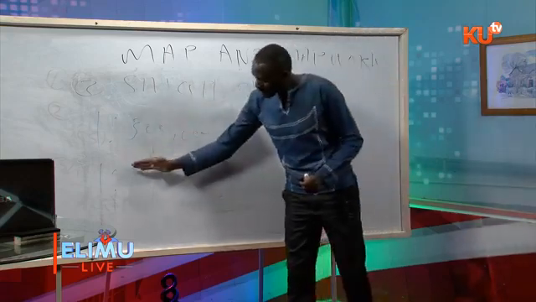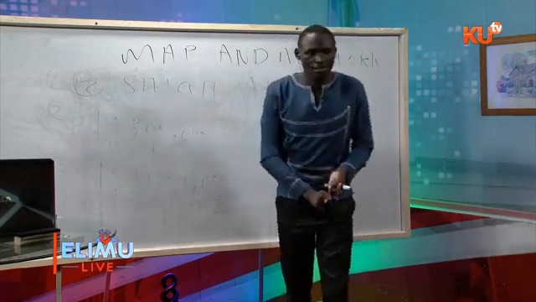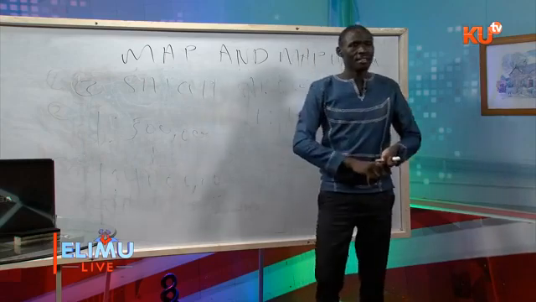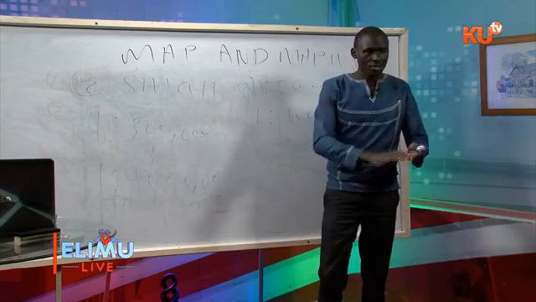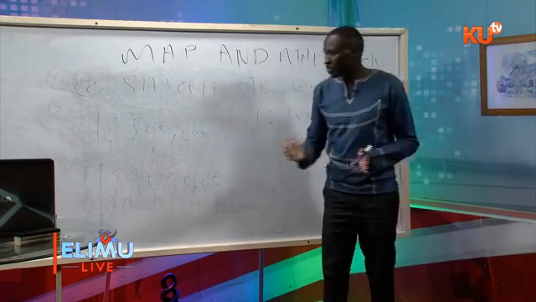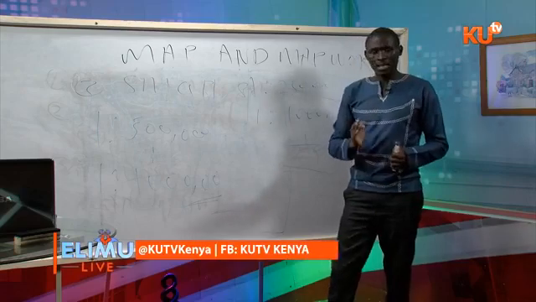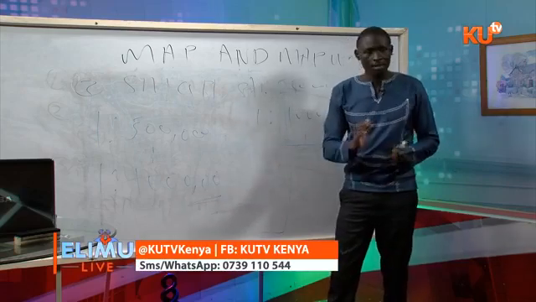And we said that areas of a city, a region or a district can be drawn using this scale of 1 to 50,000 or 1 to 100,000.